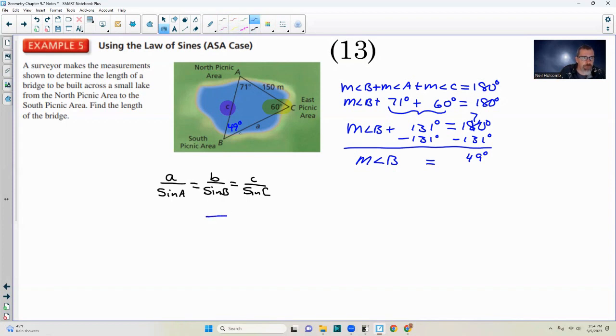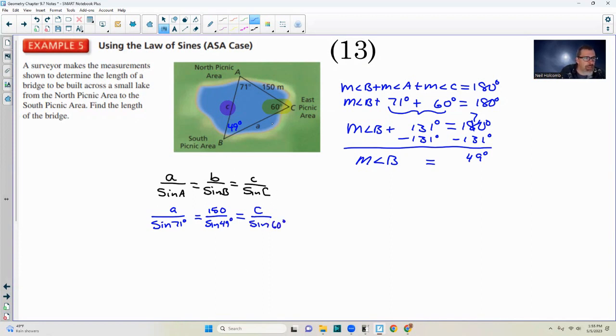Since we know B, that's going to be 150 over sine 49. So that's why I put that in the middle. I know both. And that's going to equal, I don't know side A, but I know angle A, so the sine of 71. And that's going to equal C, which we don't know, over the sine of 60 degrees.